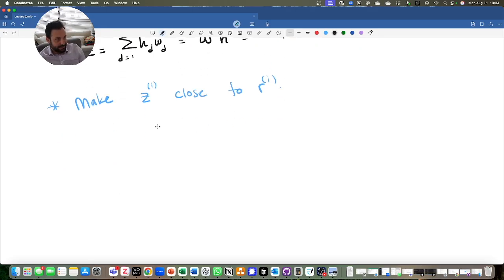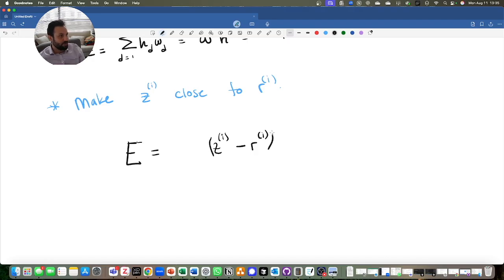Let's call it E. And I'm going to define this error function. I want the Z of i's to be very close to my R of i's, right? So I can take the difference, but I probably would not want to deal with negative numbers, because even if my Z of i becomes less than my R of i, it doesn't mean that it should reduce my error.